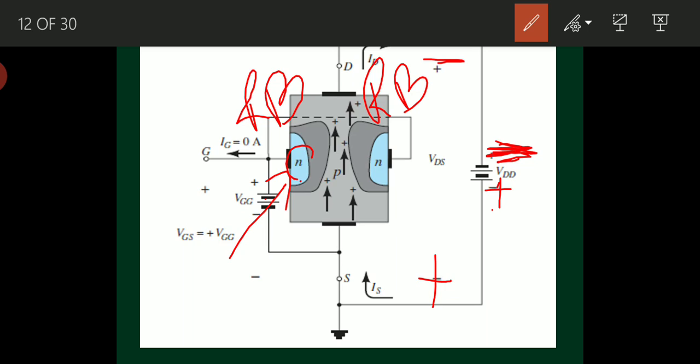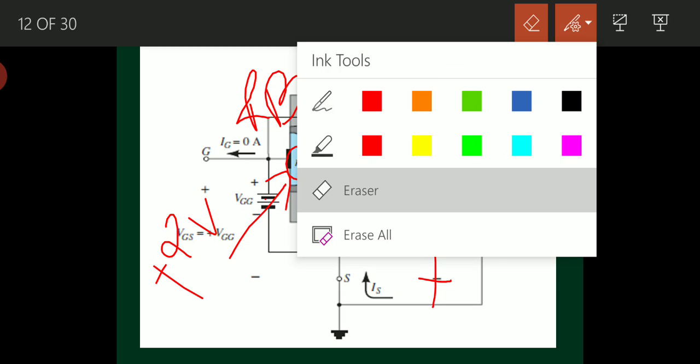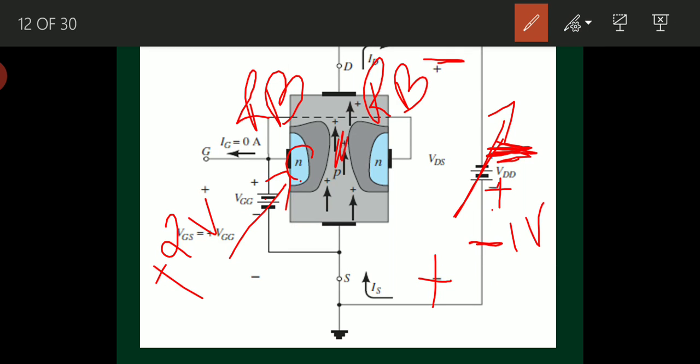The channel width will become narrower for very low values of VDS. If VGG is some plus 2 volts, what will happen? I will get this narrow channel only if I increase the voltage, say to 1 volt here, 1 volt here, 1 volt here. So what will happen?